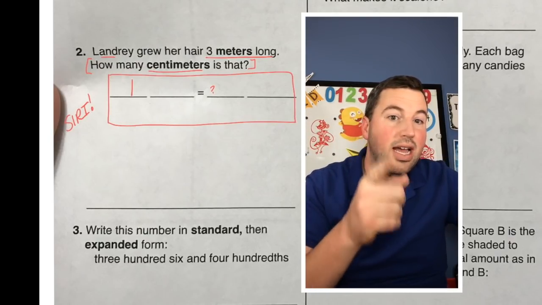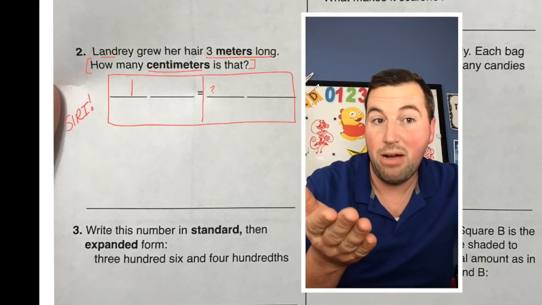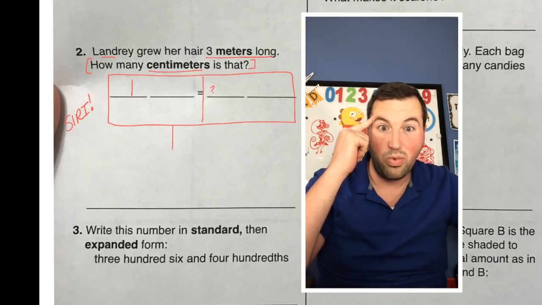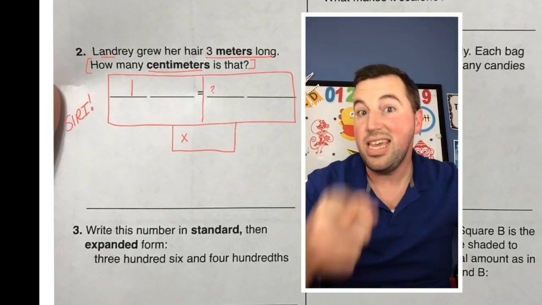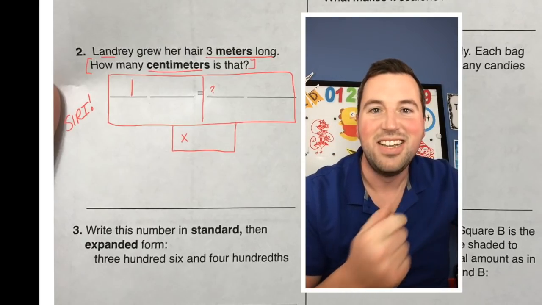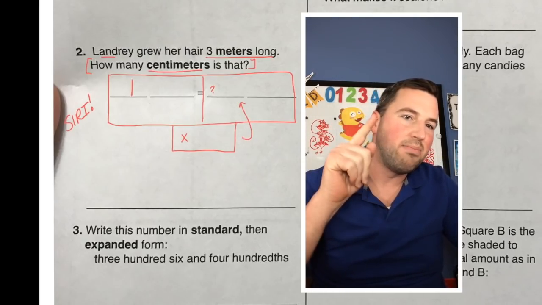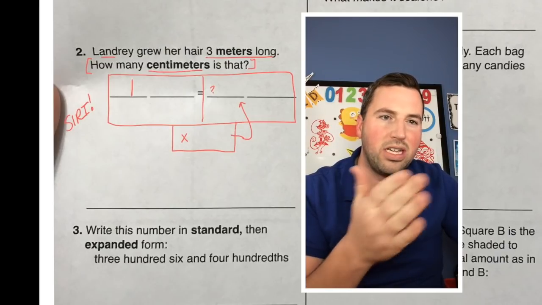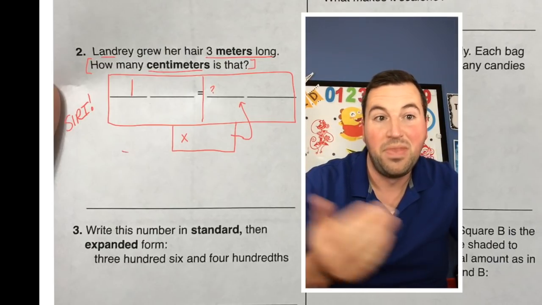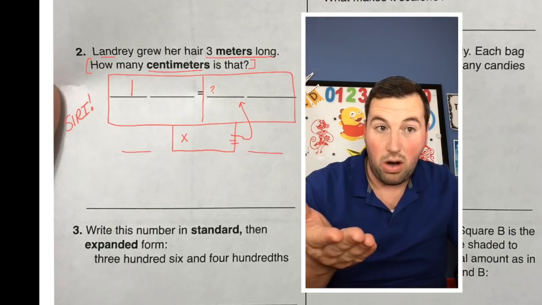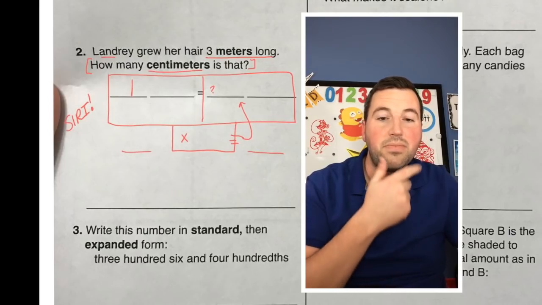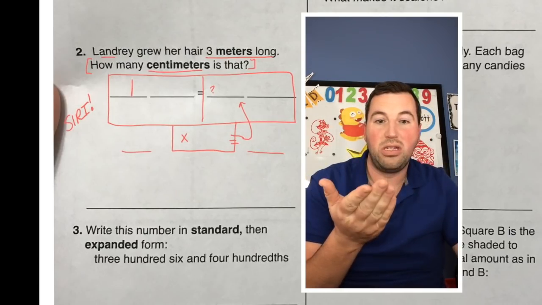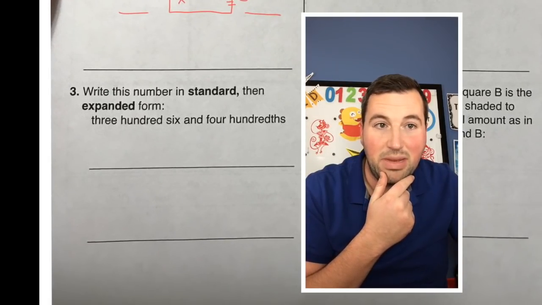Find that number and write your units and then your input-output table. Then start thinking about your rule. We know it has to be times. And then it's always going to be this number right up there, whatever it is. 1 times that number equals that number. And then put in what you know, which is 3 meters. And then you're going to multiply to find out how many centimeters.